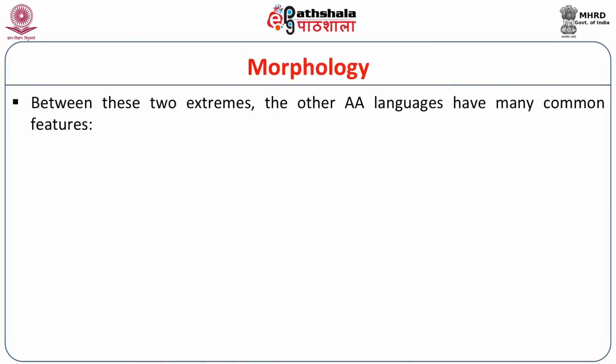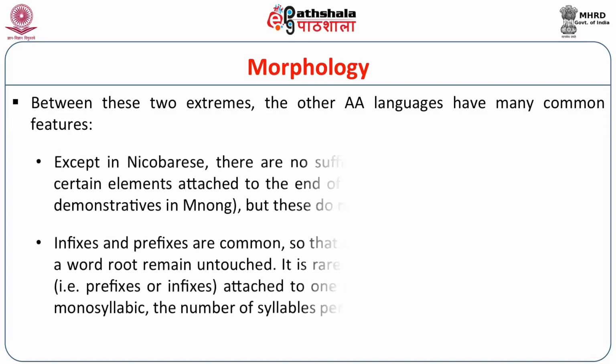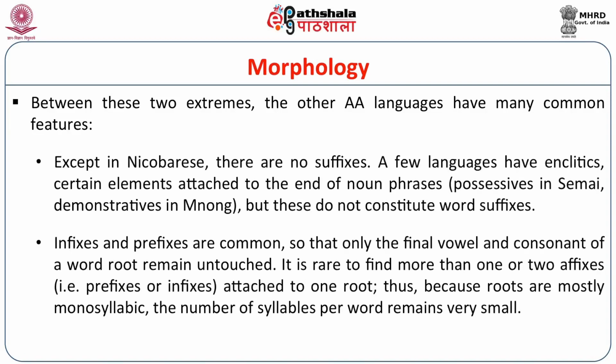Between these two extremes, the other Austroasiatic languages have many common features. One, except in Nicobarese, there are no suffixes. A few languages have enclitics, certain elements attached to the end of noun phrases.